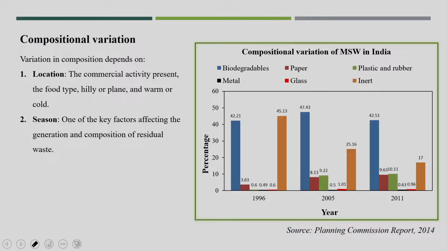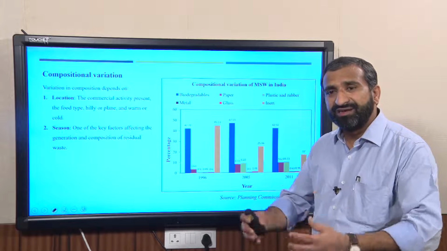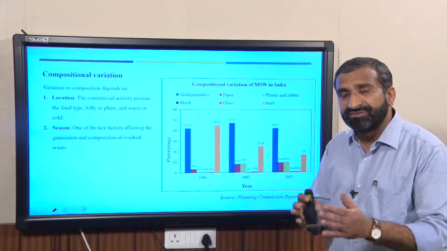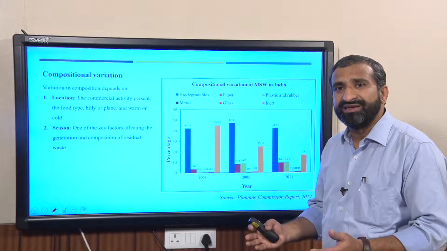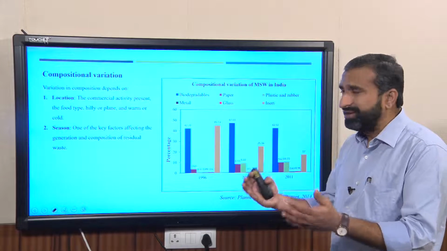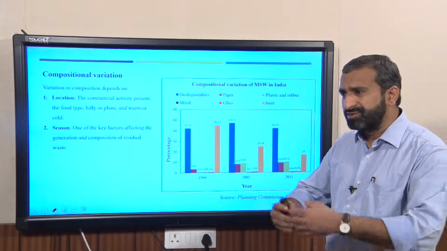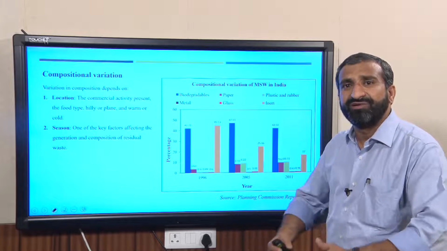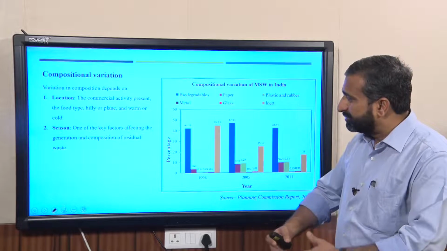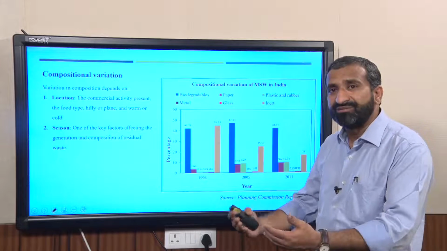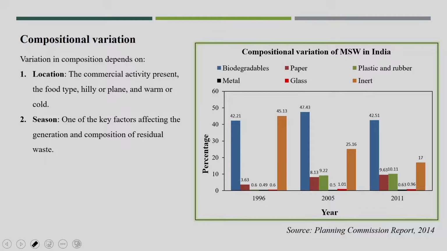And the season. That is why when I talked about the sampling, I said the sampling should be in different seasons, because season-wise the availability of commercial materials is different. So the season is also one of the important parameters to know about the different composition of the solid waste.